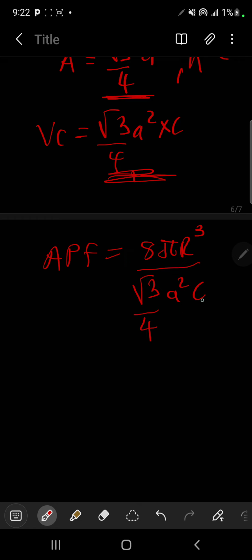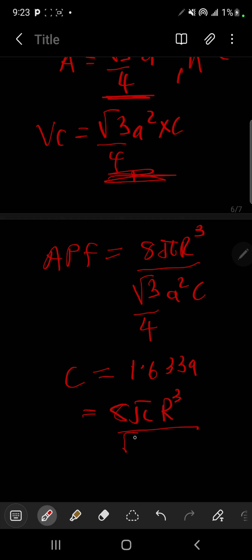So maybe from here you know that you made a relationship for c to a, because you don't want that c here. We said c was just equals to 1.6338 a. So you can plug that there. Okay. So you just get 8 pi r cubed over square root of 3 over 4 a squared times 1.6338.